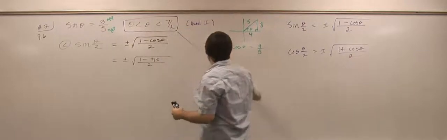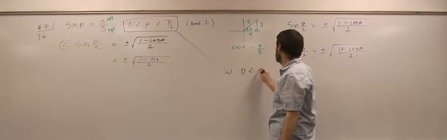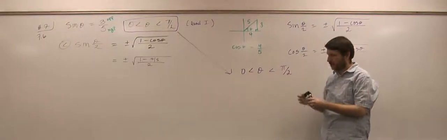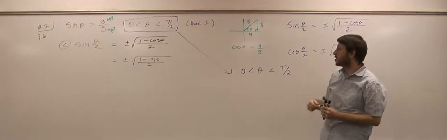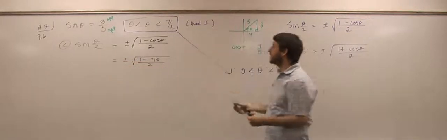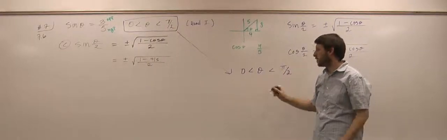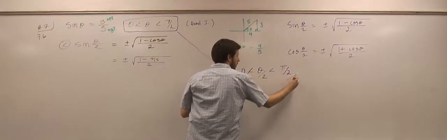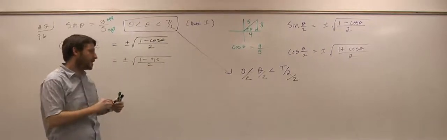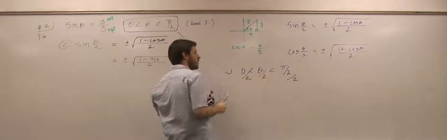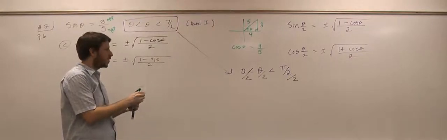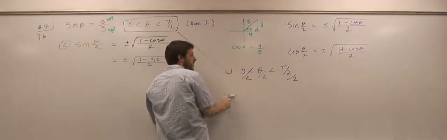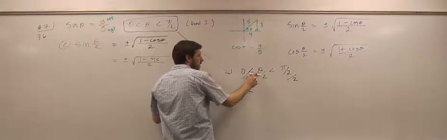And so if you take this inequality and you write it out, this gives you conditions on theta. But we want conditions on theta over 2. We would like to know where theta over 2 is. So the standard procedure to figure out the quadrant of theta over 2 is to divide everything by 2. If you take that inequality and you divide all the sides by 2, that will give you an inequality for theta over 2. What's 0 over 2? 0. Theta over 2, you just leave.